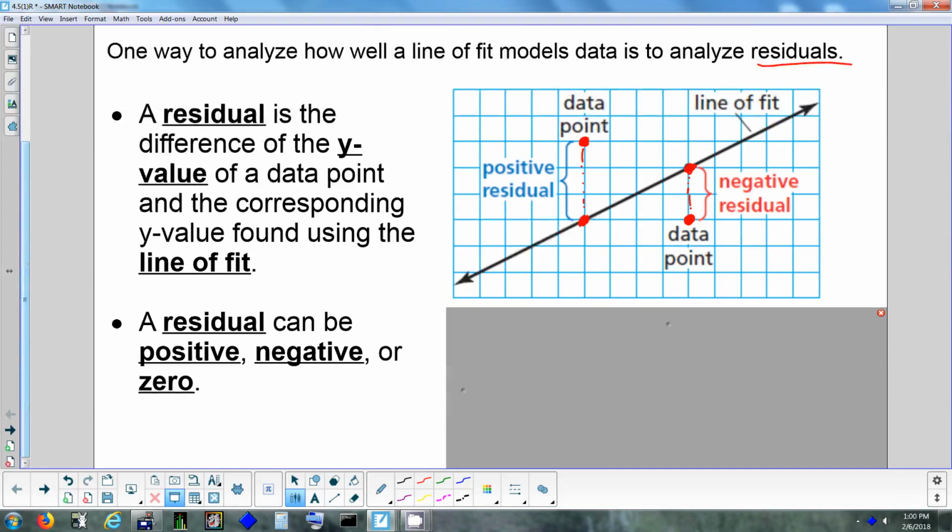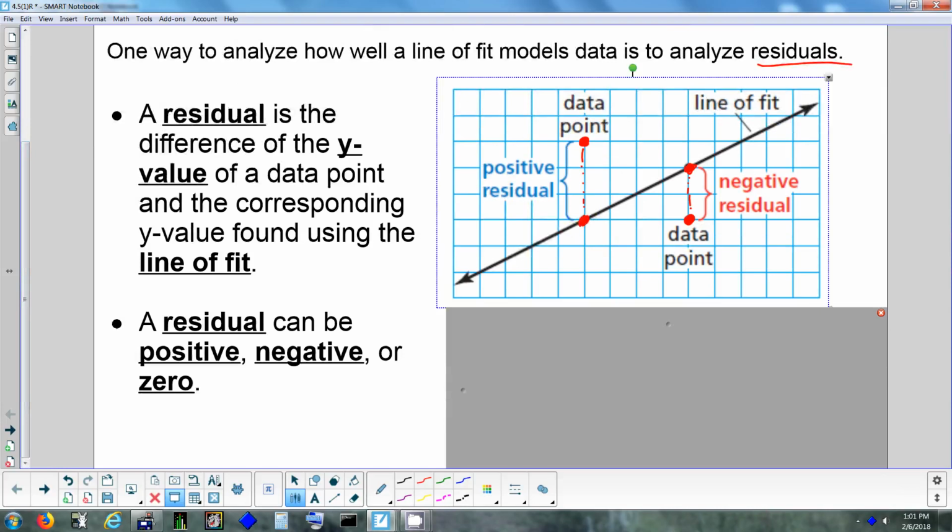Okay, a residual can be one of a few different things. On your guided notes, it says a residual can be positive. A positive residual means that your data point is actually above the line. Above, think positive. A negative residual is when your data point is below where the line is. Below is negative.